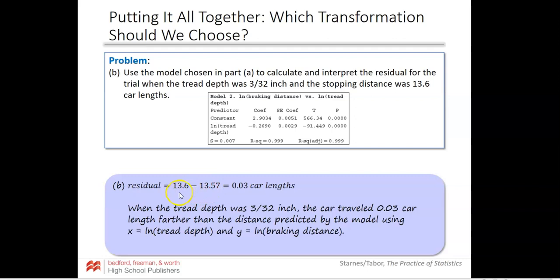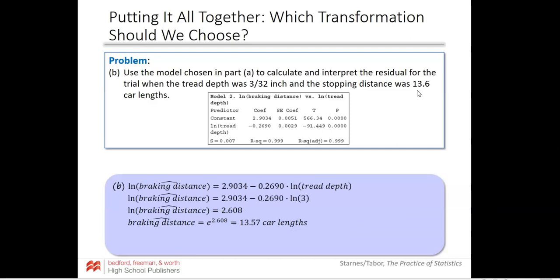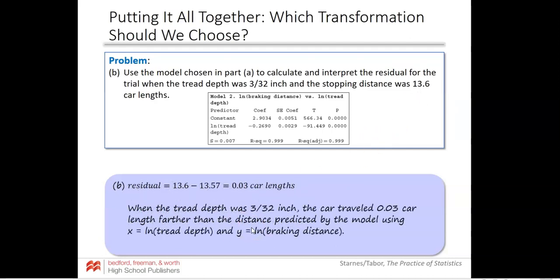So the actual is 13.6, that was given to us in the problem. The predicted braking distance was 13.57. So the actual minus predicted would be 13.6 minus the one we just found. So in part B, we're using our answer from part A to get 0.03 car lengths. That's a positive number. That means our prediction was lower than the actual car length.